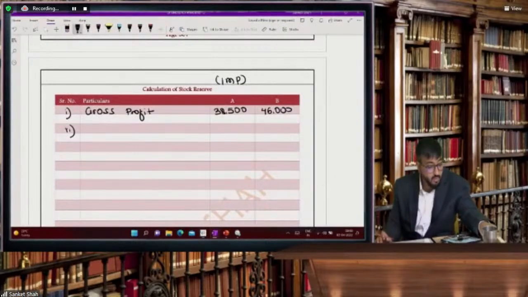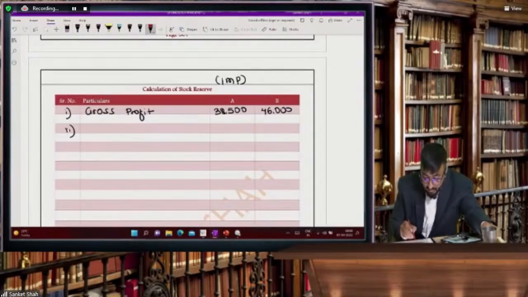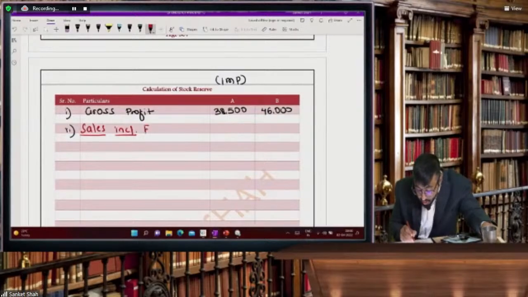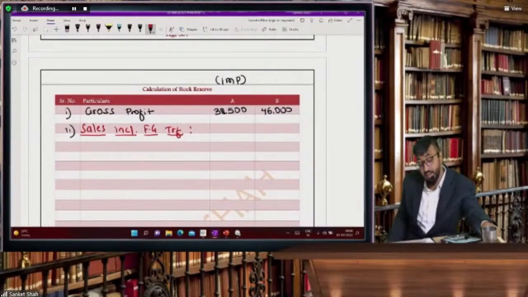GP upon sales. But beta, sales including finished goods transfer and returns less करेंगे. Very good beta, very good. So what am I going to consider in sales?